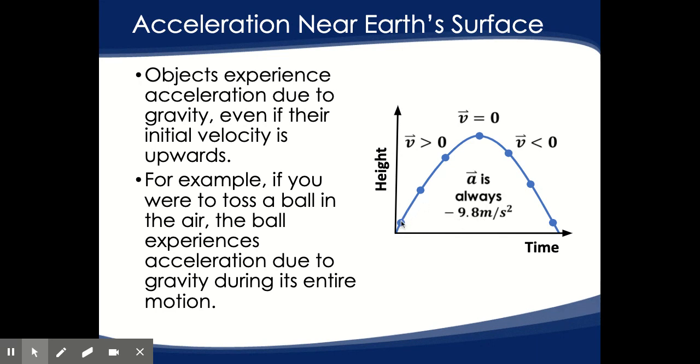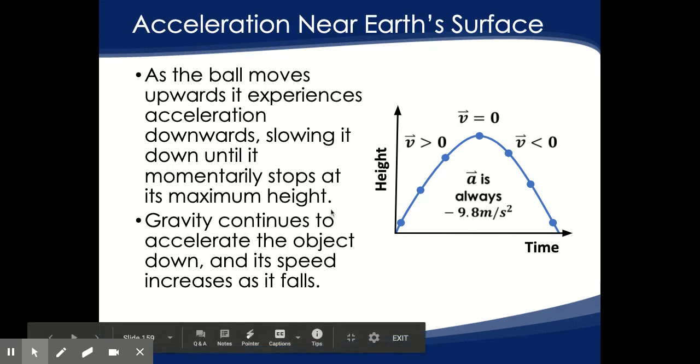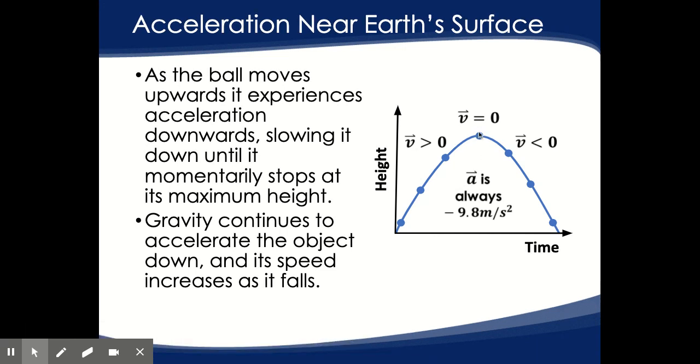It's negative because it's moving away from the earth, and then it's falling back down. As the ball moves upwards, it experiences acceleration down, slowing it down until it stops just for a second at the very peak. Gravity continues to accelerate downward even as the object is falling.